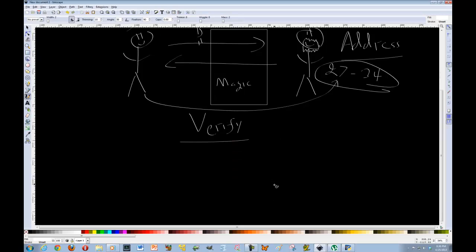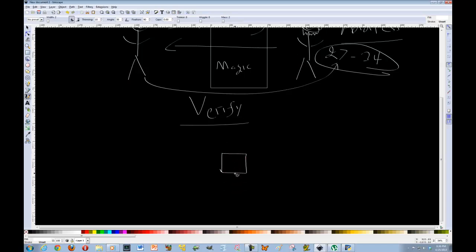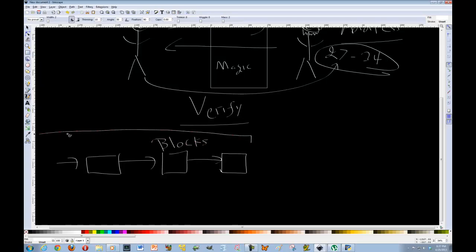So how verification works, for those of you who have watched the mining lecture, you'll have a leg up on this, but for the rest, basically, the whole Bitcoin ecosystem is a result of these things called blocks. And all of the blocks together, to the beginning of time, form a blockchain.